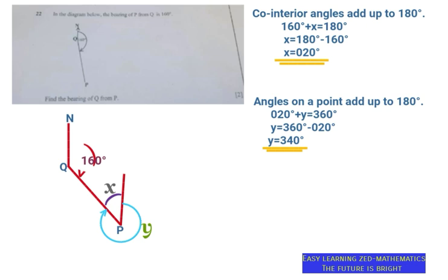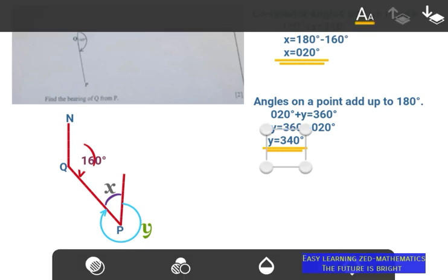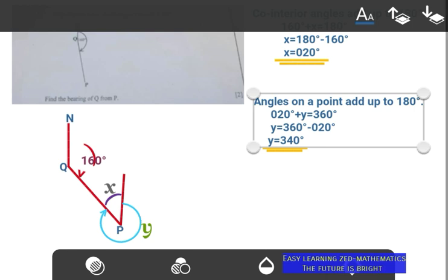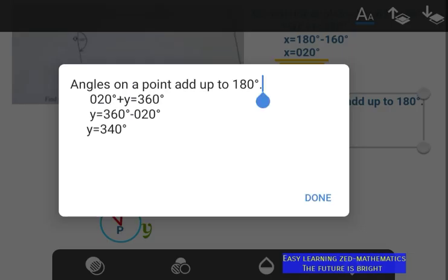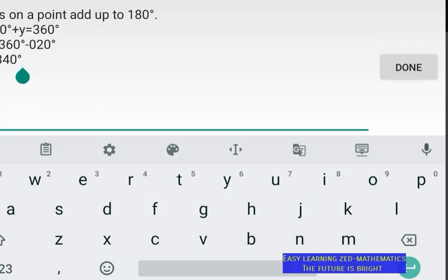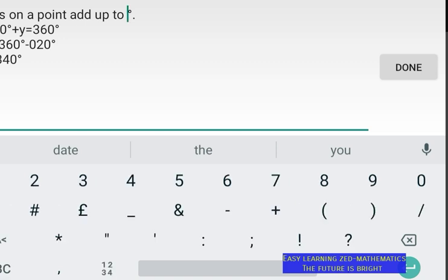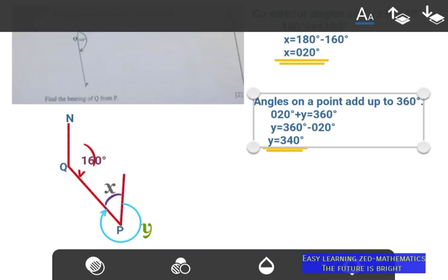I said earlier that I'm going to change here. Where I had put 180, it should be 360 degrees, not that. Okay, now I've changed that.